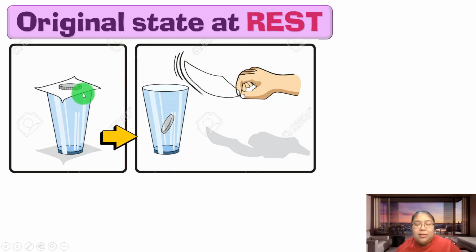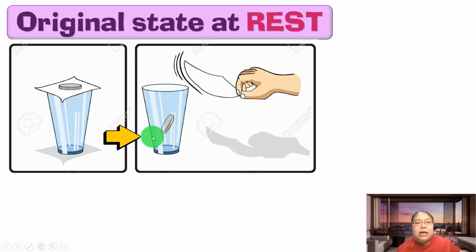I think definitely it will not drop, because it will move together with the paper. This shows the inertia of the coin: it wants to maintain its original state, which is at rest. It does not want to move together with the cardboard, so finally it drops inside the glass.